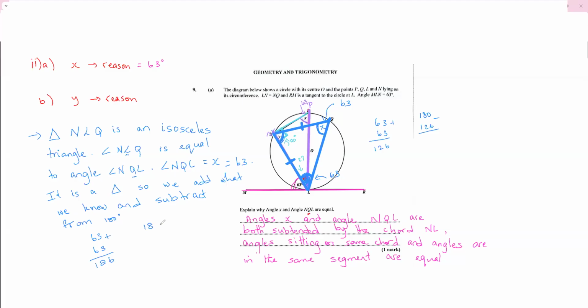So I ended up with this. Remember, use your calculator in your paper too, anywhere that you can to speed up the process. So 63 by 2 minus 180, I got 54. Make sure you clearly state y is equal to 54 degrees. And that's it for this one.